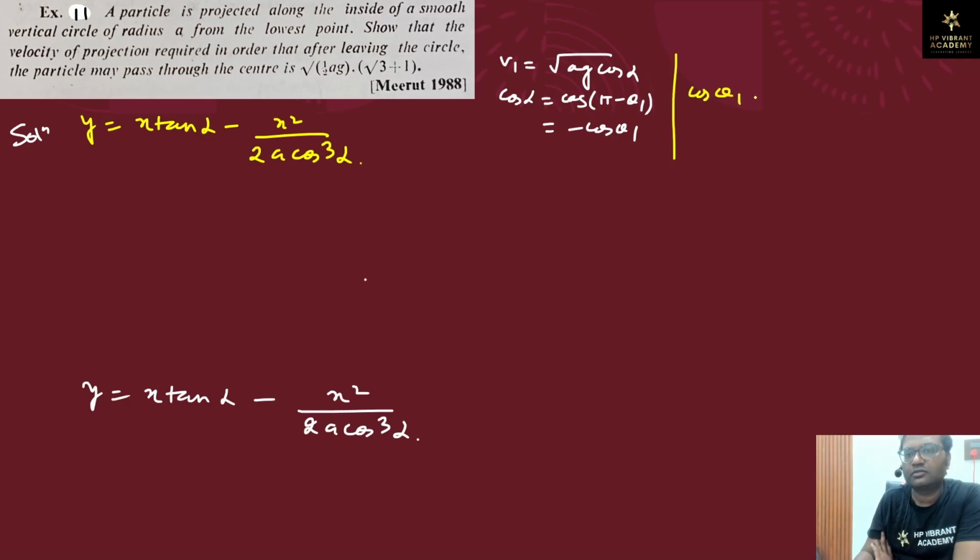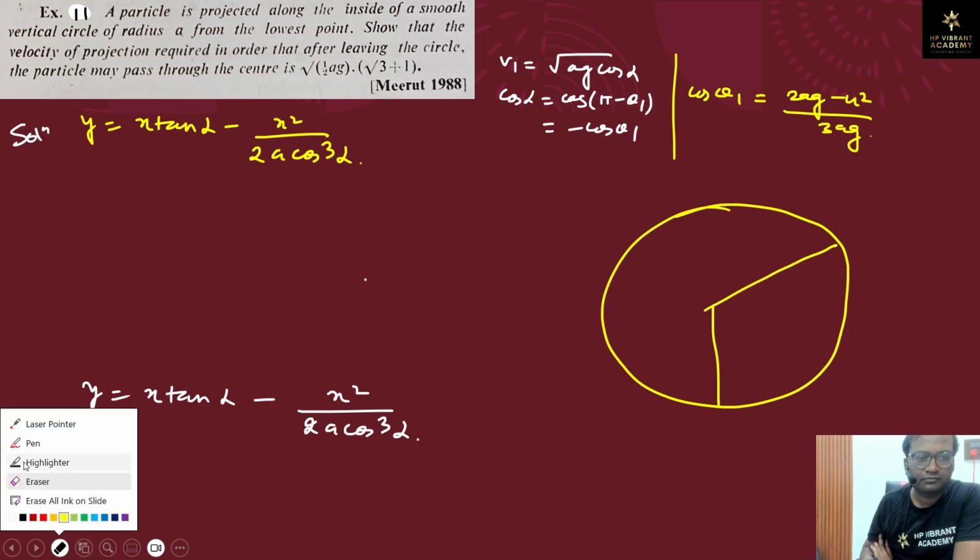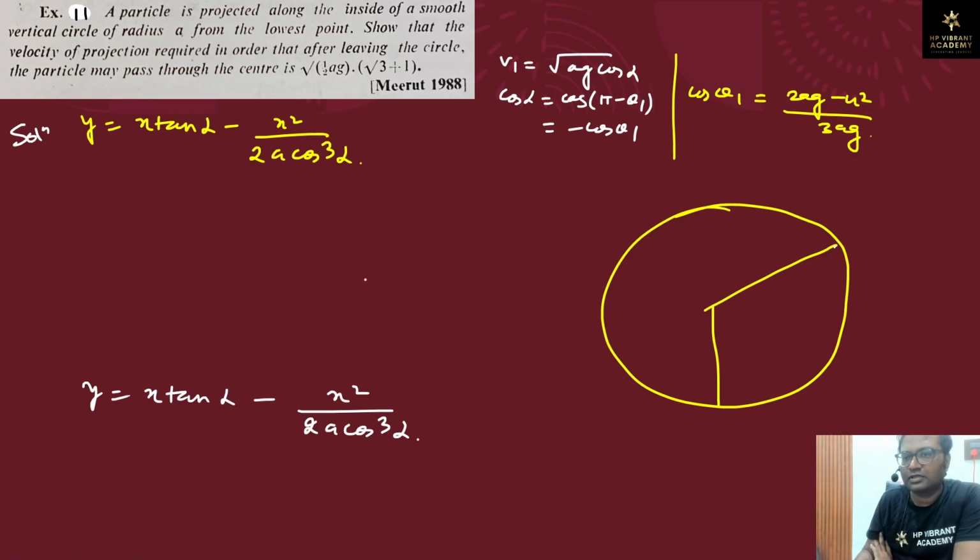Cos theta 1 is equal to 2ag minus u square upon 3ag. Okay, so at an angle of theta 1 the particle leaves the circle and starts following a parabolic path, and it will pass through the center.